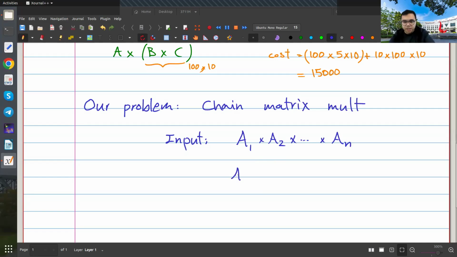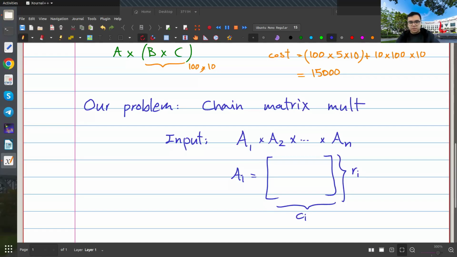So let's say that my matrix Ai is like this. I'm going to say my matrix Ai has Ri rows and Ci columns. So my input is not going to be actually the matrices. It's just going to be 2n numbers, the Ris and Cis, the number of rows and columns of every matrix.